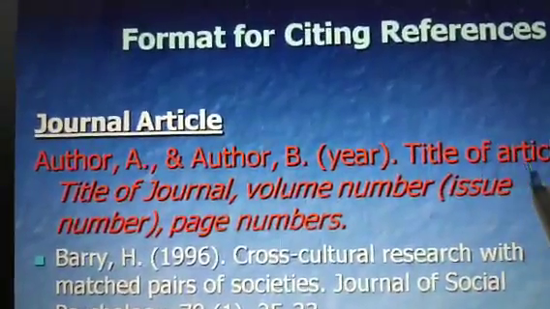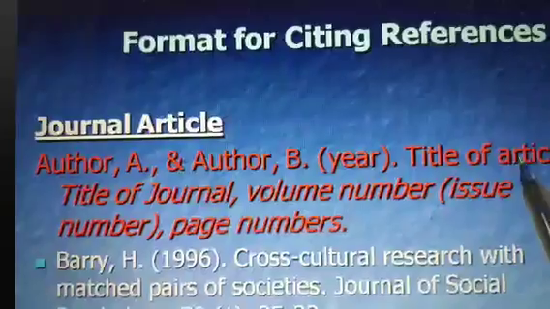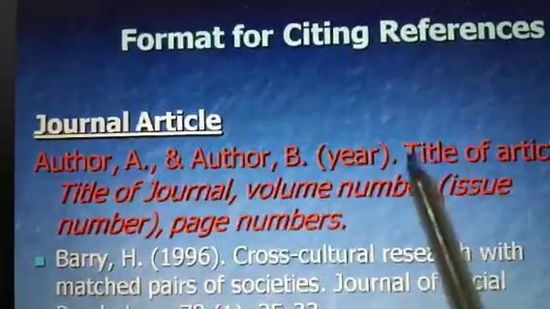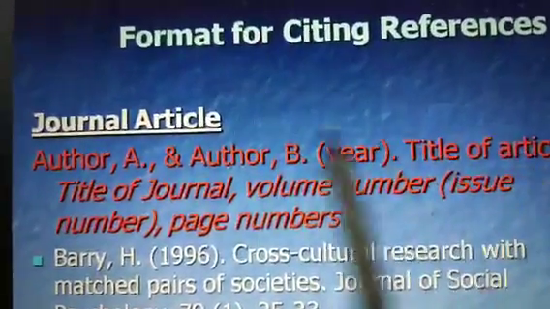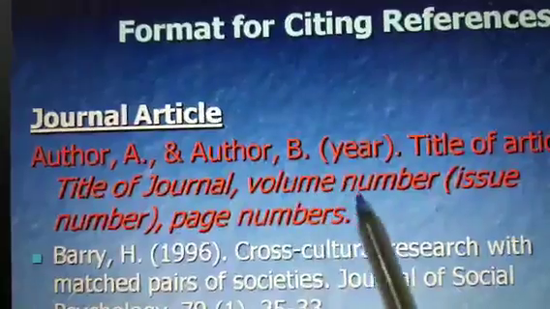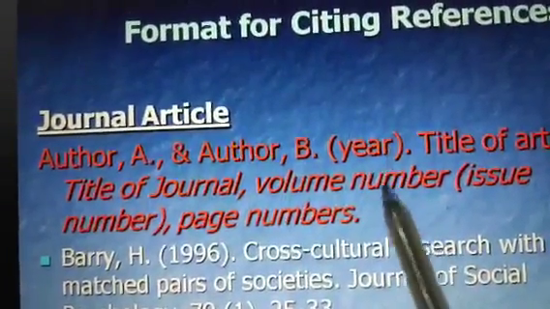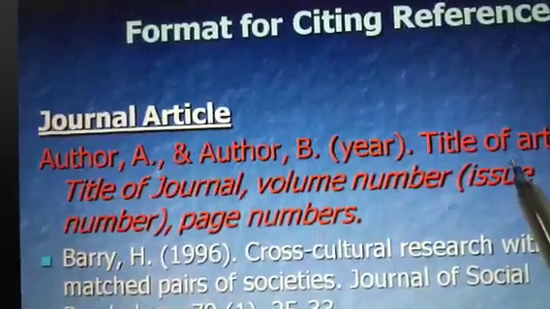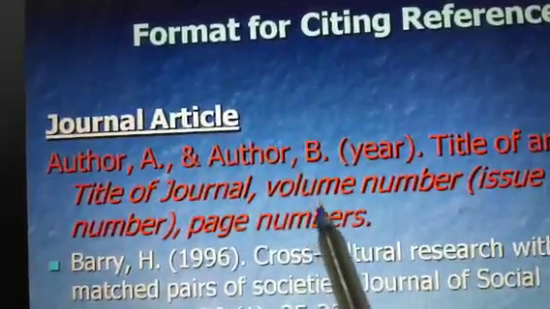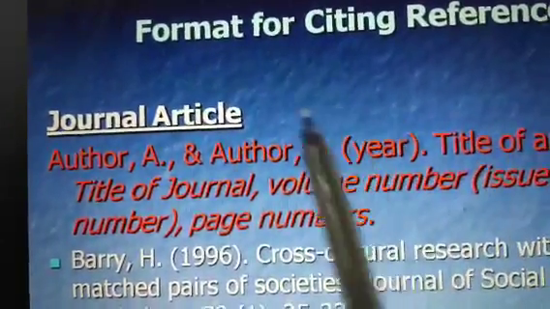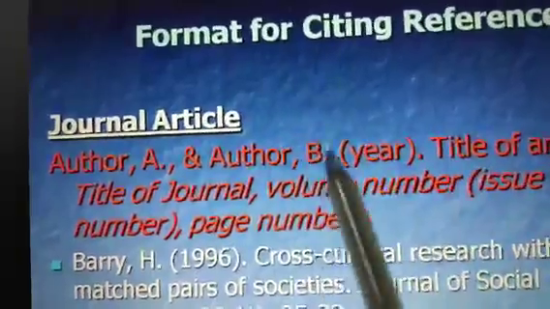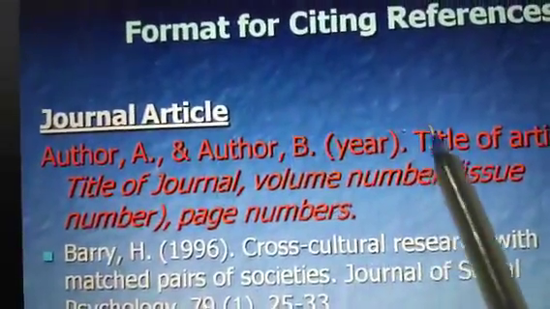If the title of the article is Reverse Migration in Case of Rural Varanasi, that will be the title of the research, then the title of the journal, Journal of Economics and Commerce, volume number 11, issue second, and page numbers 20 to 26. So I have given a hypothetical example to explain how to write these references.